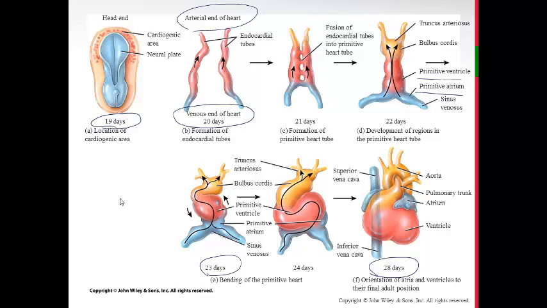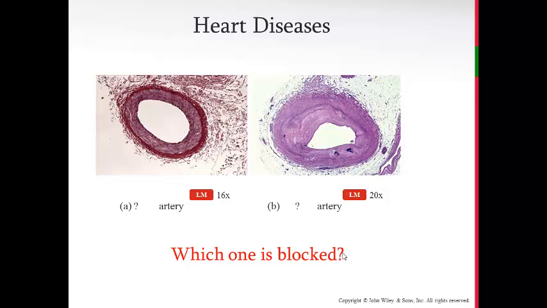So usually by the end of 28 days or so, you can probably hear the fetal heartbeat. Okay. And your cardiovascular system, specifically your heart, is one of the first organs to be working for you.